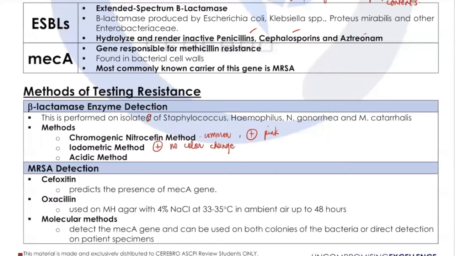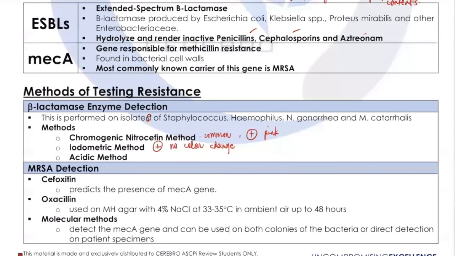Then naglalagay tayo ng iodine. Tama? So supposed to be, if there is starch in there, it will be colored blue by iodine. But if the organism is a beta-lactamase organism, the iodine is being neutralized. Thus, there is no color change. Kasi kumbaga, yung iodine that is supposed to give blue color to starch was neutralized by beta-lactamase.